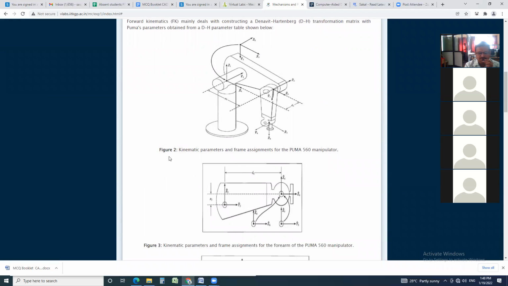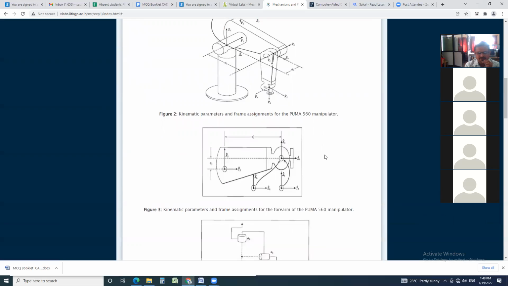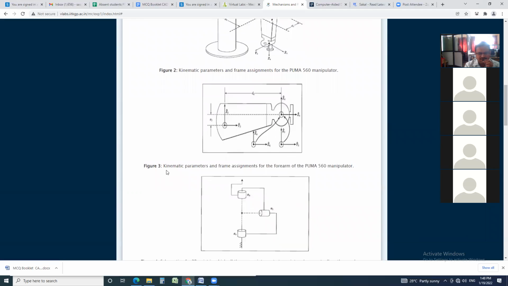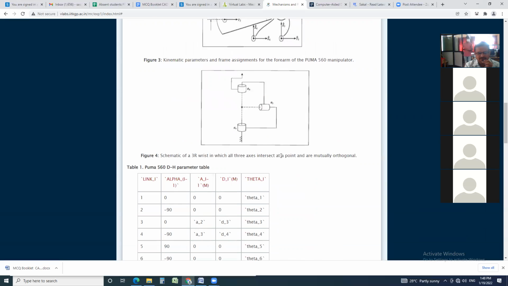Figure 2 indicates kinematic parameters and frame assignments for the Puma 560 manipulator. Figure 3 shows kinematic parameters and frame assignments for the forearm of the Puma 560 manipulator. Figure 4 is a schematic of a 3R wrist in which all three axes intersect at a point and are mutually orthogonal.